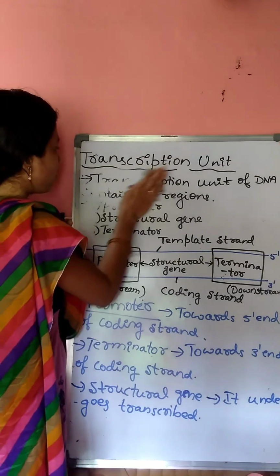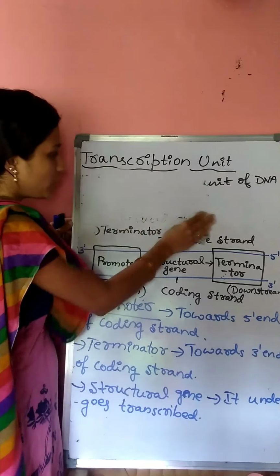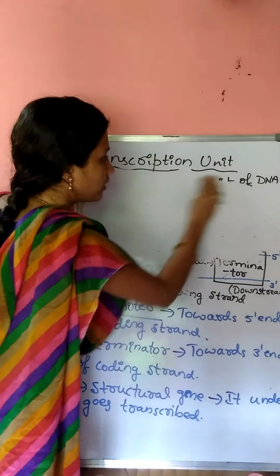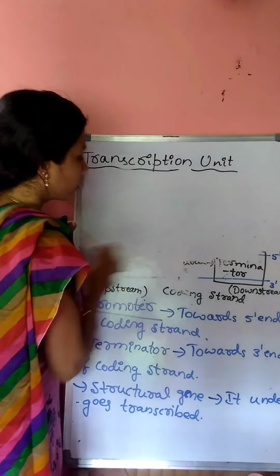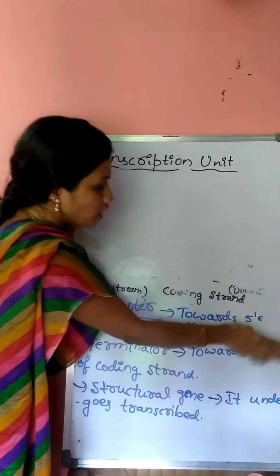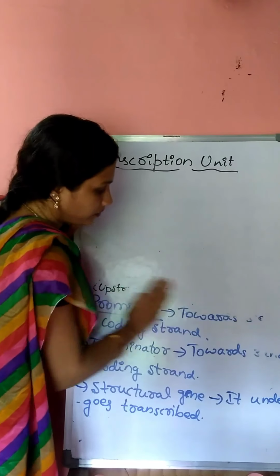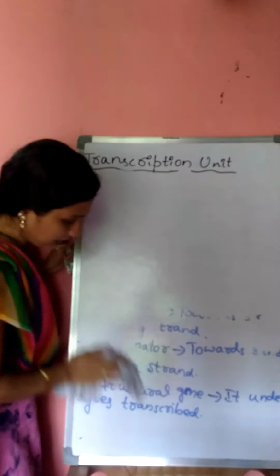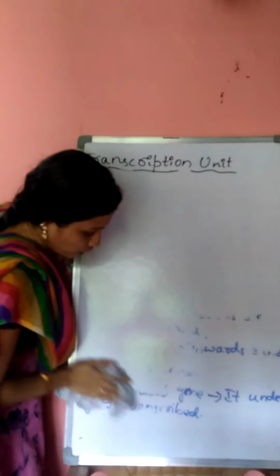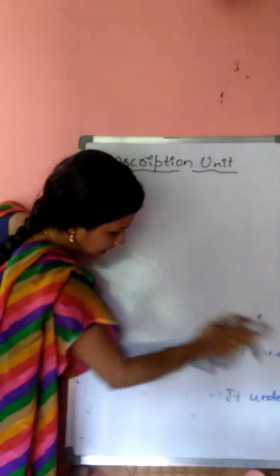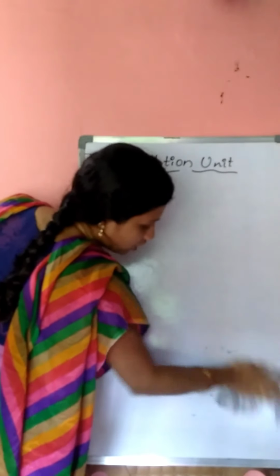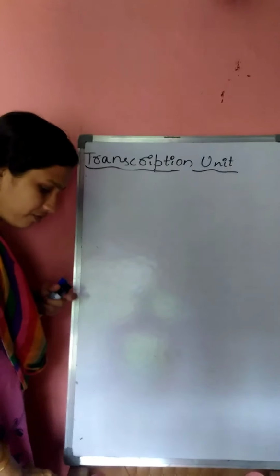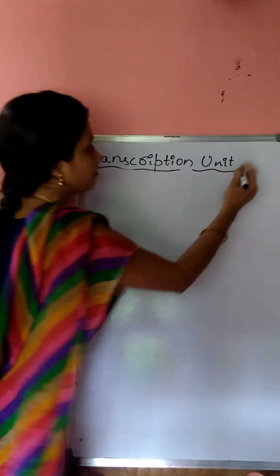Now let us discuss the transcription unit and the gene. Gene is nothing but the segment of DNA, and it is the unit of inheritance.